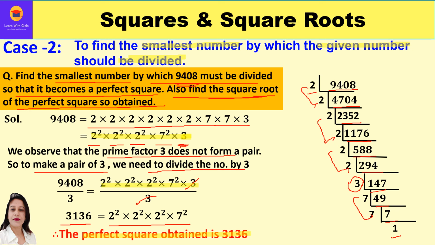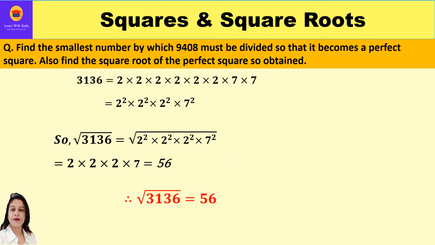So we are dividing 9408 by 3, and these factors also we are actually dividing by 3, and 3 gets cancelled, and we get all the factors in pairs. And when you find the product, you will get the perfect square number as 3136.